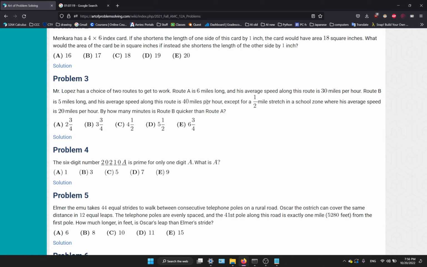Yeah, let's just have faith. We have 0.2 or 1/5 minus. Oh no, Route B is quicker. So we have 11/80 minus 1/5. That's 55 minus 80/80 times 5. That's already wrong. Okay, we did something wrong.